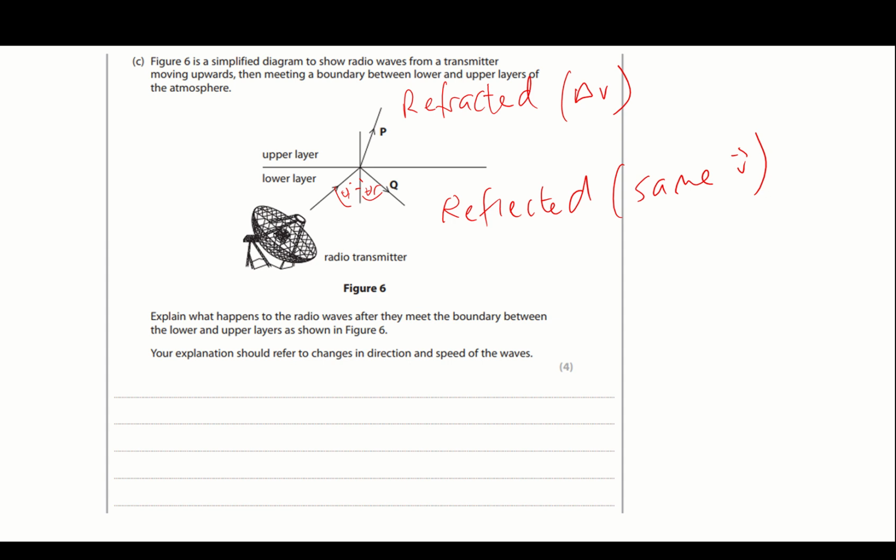So the crucial part is the refracted one's changed direction. Why? Because it's slowed as it's hit the boundary. And the reflected ray has bounced off the upper atmosphere, and the angle at which it is incident with the boundary is the same as the angle at which it's reflected, but that does not change velocity, it's just bounced back.